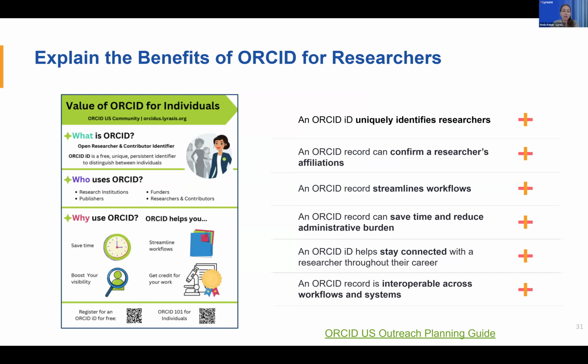In general, ORCID helps researchers distinguish themselves from others and get credit for their work. Depending on the different organizations and software systems that a researcher works with, like we saw with SciENcv, having information populated in your ORCID record can also save time and reduce the administrative burden for researchers during funding workflows, but also publishing and other reporting workflows.